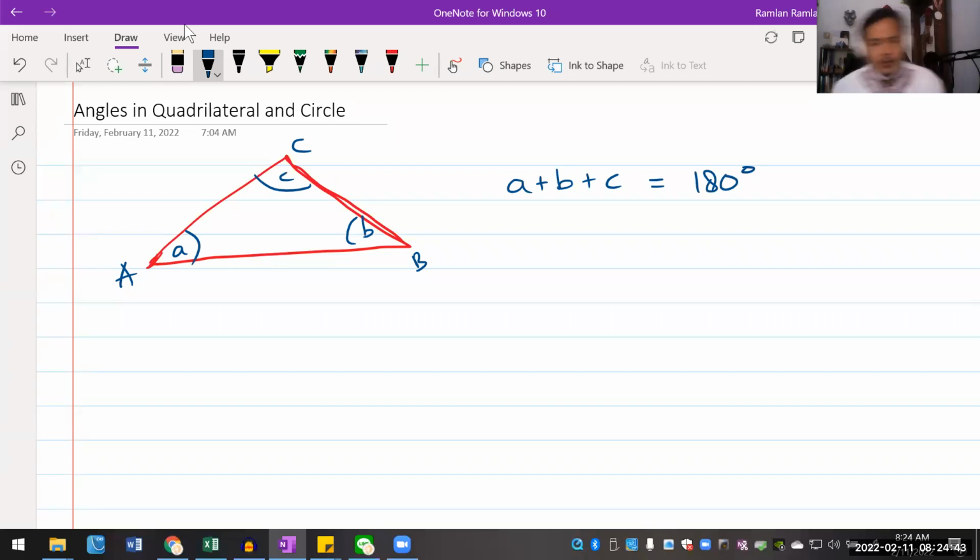We have also proved that using GeoGebra, the application that we use to prove it is 180 degrees. And now we're going to talk about quadrilaterals.